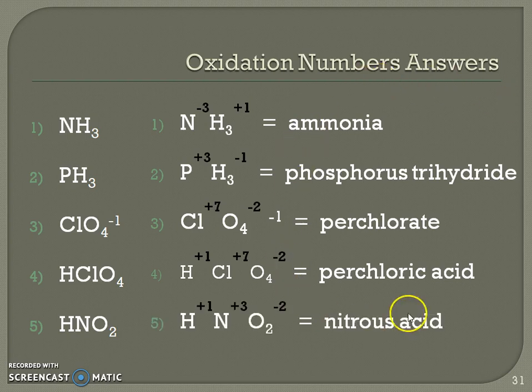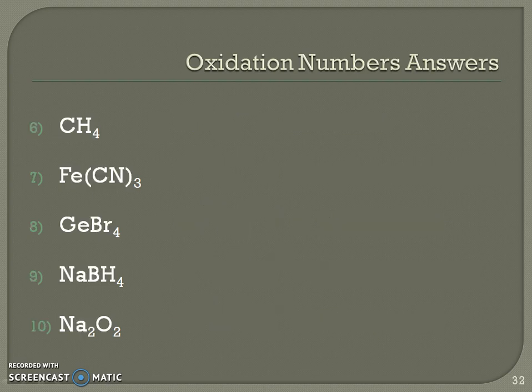And as you notice, I also did give them their names. So if you did not name them, that's fine, but you might want to do that in your head, again, just to constantly remind yourself of what these are, especially the polyatomic ions and the acids, making sure you know what the names of them are. So here again is another 5 if you want to pause and try them out before you see the answers.